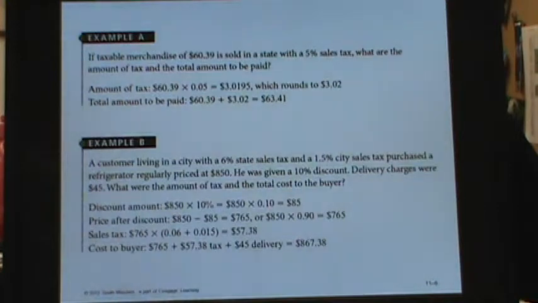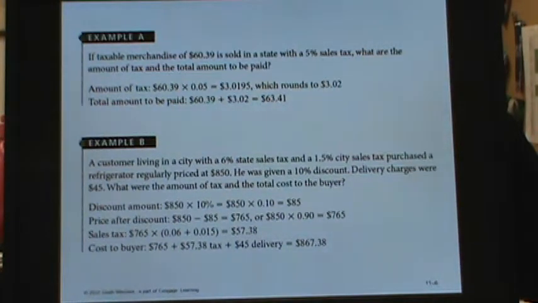If taxable merchandise of $60.39 is sold in a state with 5% sales tax, what is the amount of tax and the total amount to be paid? So the amount of tax, we take that $60.39, multiply it by 0.05, which is our 5% sales tax, and we get 3.0195, which ends up being $3.02.